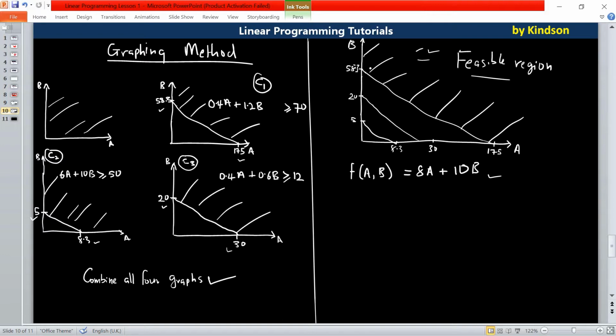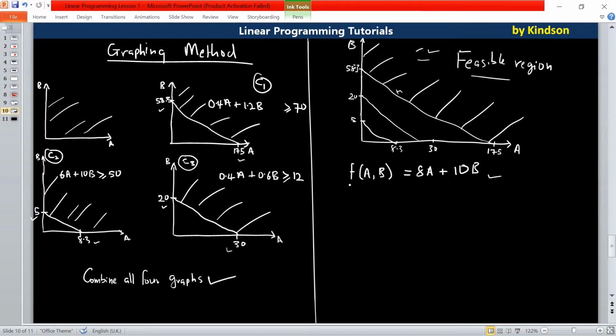So to find the minimum value, it has to be on this line, because if it's above here, it's not minimum. If it's below, it doesn't satisfy the constraint.